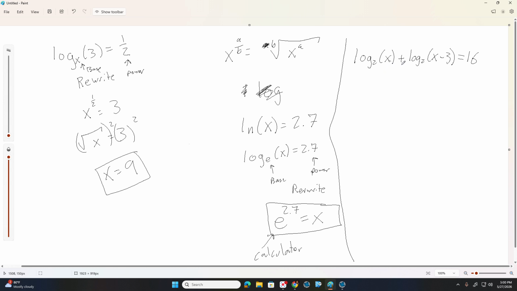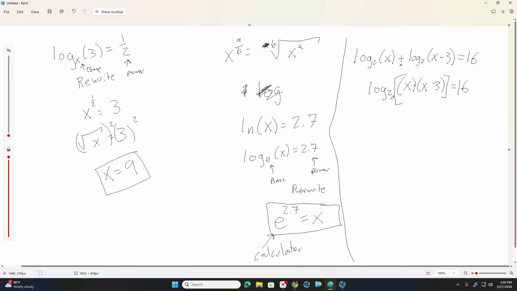So the rule is, again, there's an association between addition and multiplication, division and subtraction. So this addition actually can be rewritten as the log base 2 of x times x minus 3. And that's one logarithm equaling 16.